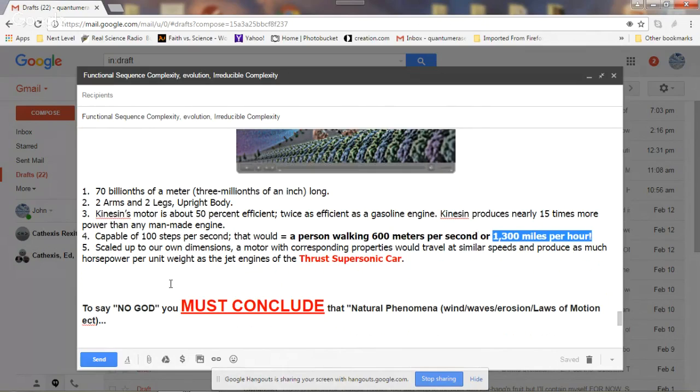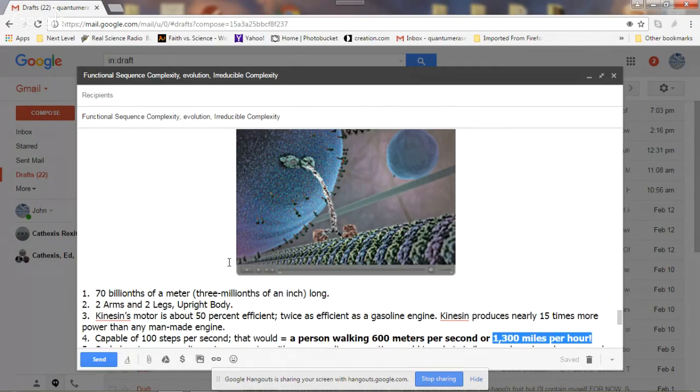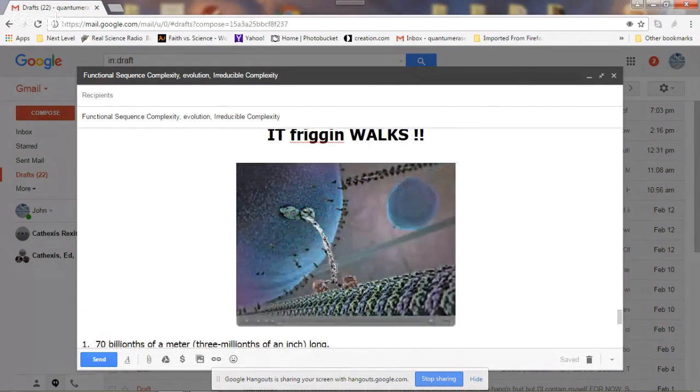Scale it up to our own dimensions, a motor with corresponding properties would travel at similar speeds and produce as much horsepower per unit weight as the jet engines of a thrust supersonic car. This thing's amazing. And by the way, you see that package it's carrying? That thing's date and time stamped.